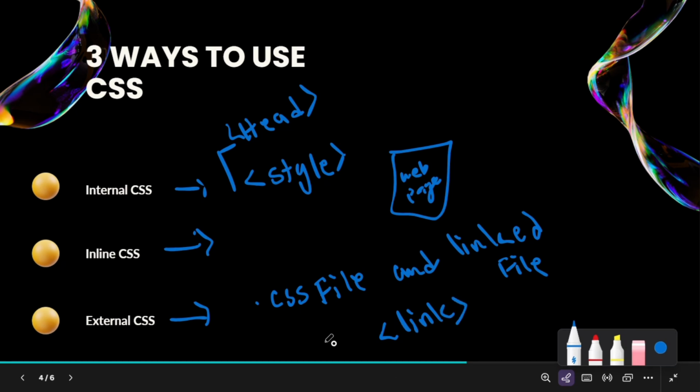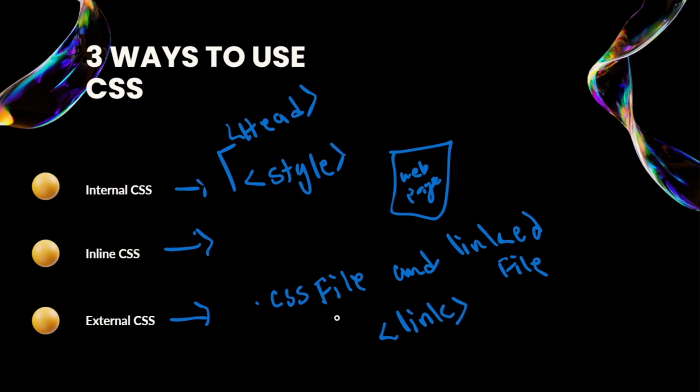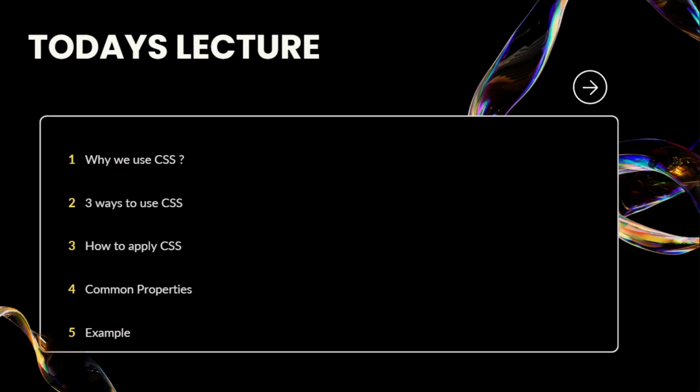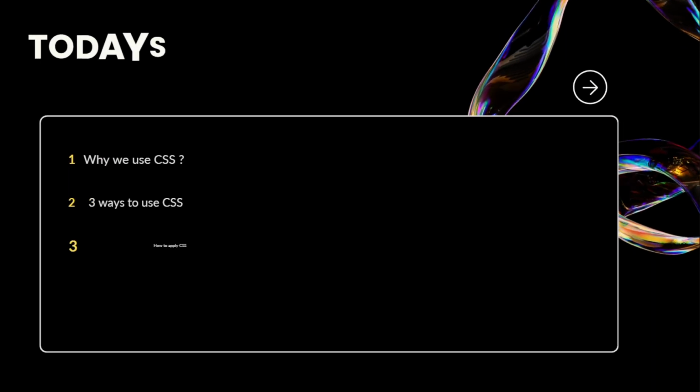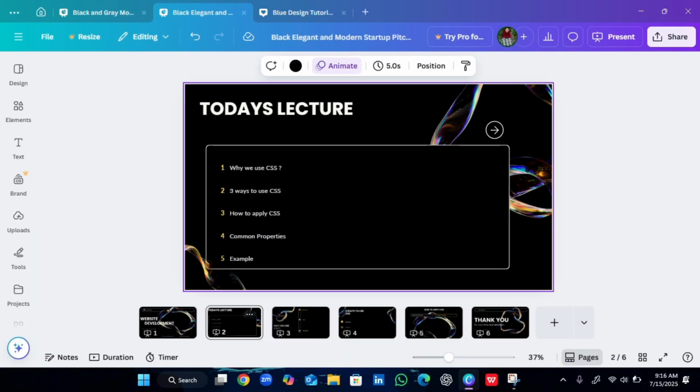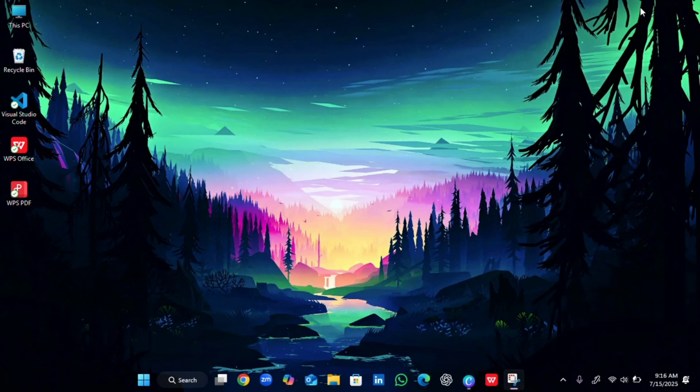So there is the link tag and here is the CSS file, and we'll give an example in VS Code. You can always use external CSS for clean and organized code. Now we will learn how we can apply it in our web page.